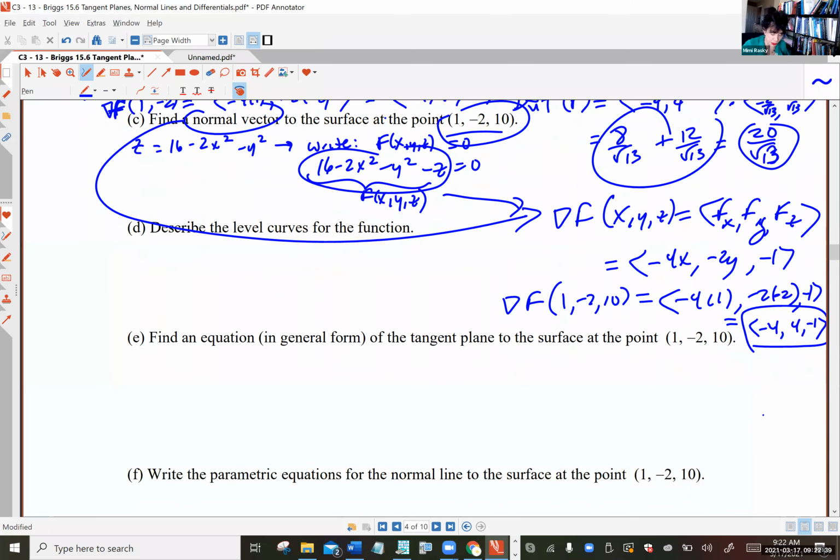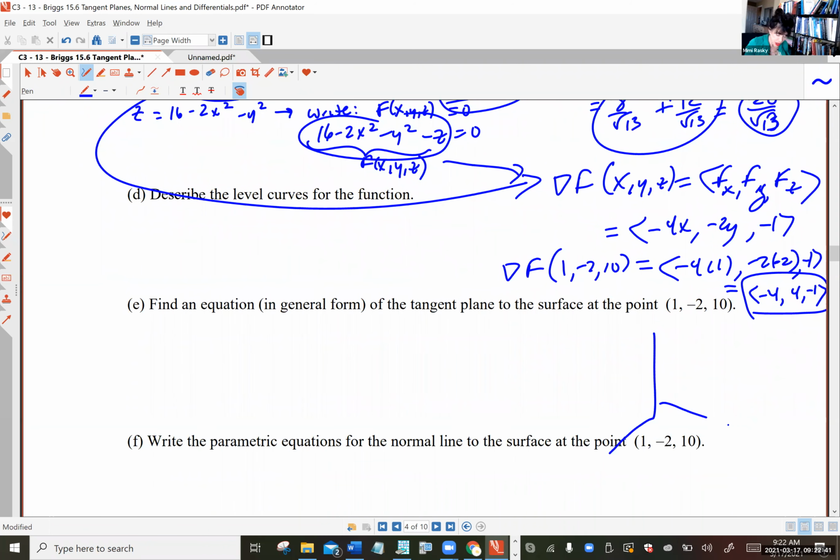Now, when I say normal, let me just draw again at the risk of being redundant. Here's your capping surface, whatever that surface is. So that's represented now by big F(x, y, z) equals 0. And you find your point, which had the coordinates 1, negative 2, 10. I don't know. Let's say it's way over here. Fine. Then this vector that we just found is normal to that point.